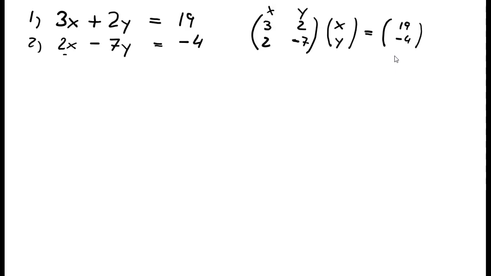So the way we need to read this matrix is basically 3 times x plus 2 times y equals 19. So that's our first equation. And for the second equation, we would read 2 times x minus 7 times y equals -4. So that is the notation for how we would write these two simultaneous equations in matrix form.